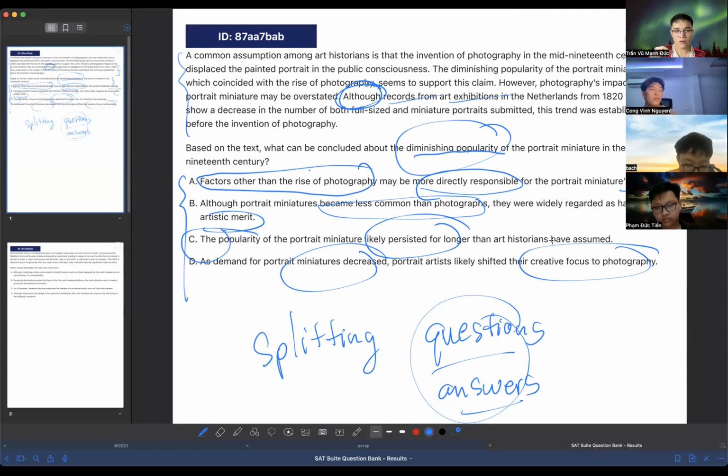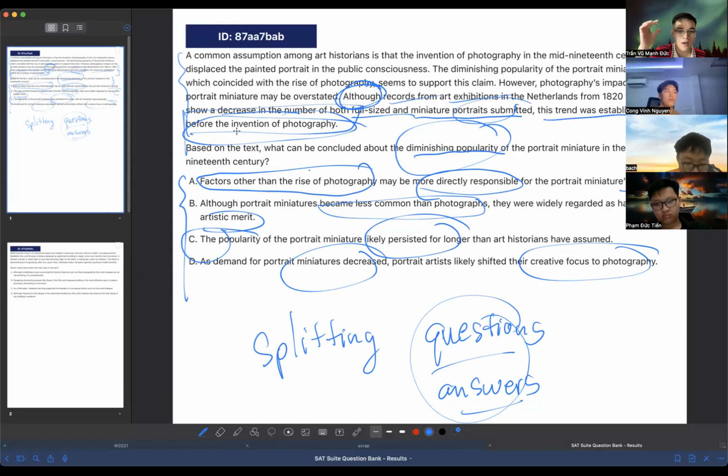Look, so in this case, I would say that although records from art exhibition show a decrease in the number of both full-size and miniature portraits submitted, this trend was established before the invention of photography. This is very important.